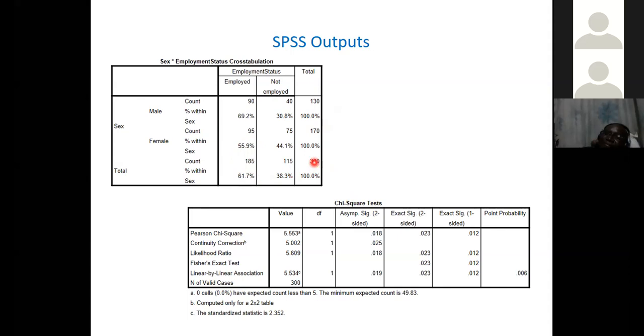It's exactly the same thing. But in the table, I first showed 90, 40, 95, 75, and the totals 185, 115, and 130, 170. The percentage was not there. The expected, we didn't click on the expected.